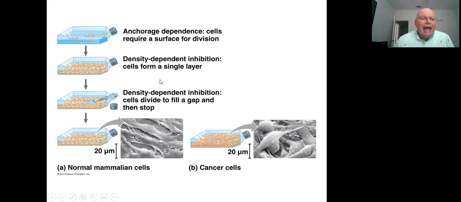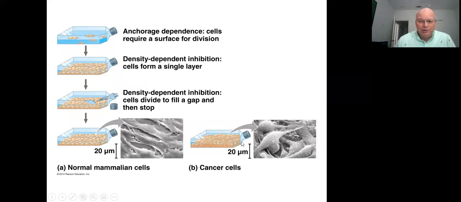And we know that it's that physical touching of the cells that's causing this, because if you reach in with a spatula and scrape out some of the cells and create a hole, the cells immediately start growing again. They re-enter the cell cycle, those that are on the edge of the break, and start growing until they fill in the space. Once the space is filled, they stop growing again, with one exception.